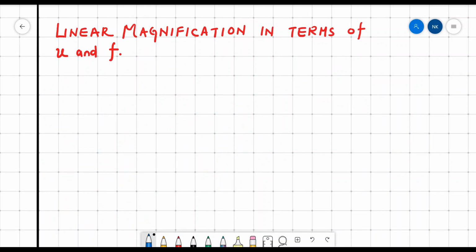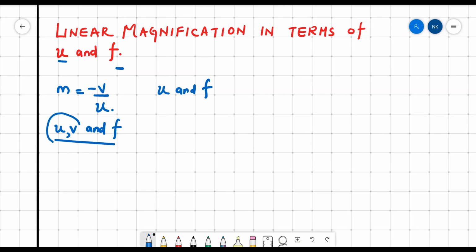Dear students, in this lecture we will discuss how to express linear magnification in terms of U and F. We have already seen linear magnification in terms of V and U. We had the expression small m equals minus of V by U. But here we are going to have it in terms of U and F. We normally have three terms U, V and F associated with image formation in a spherical mirror.